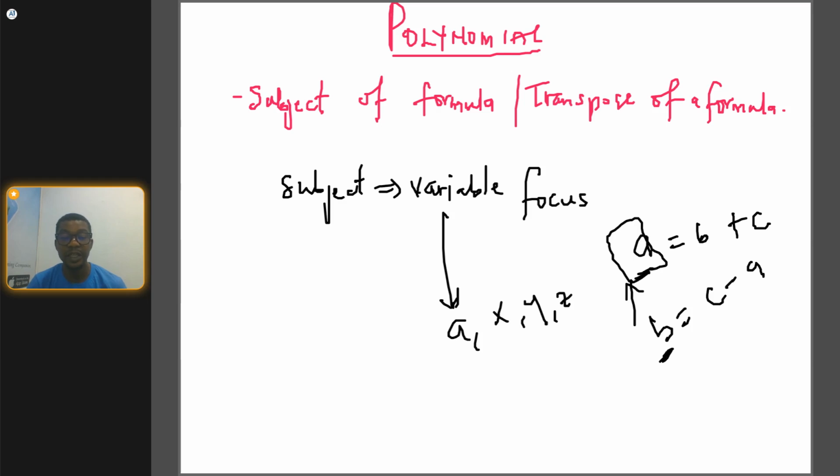Can you reply in the chat box? What will be the variable of focus in this expression? B. So the variable of focus is B. It means B is the subject of the formula.